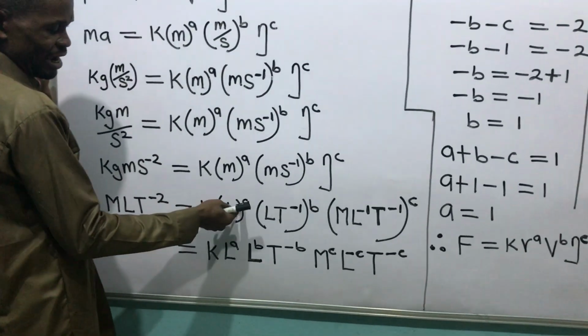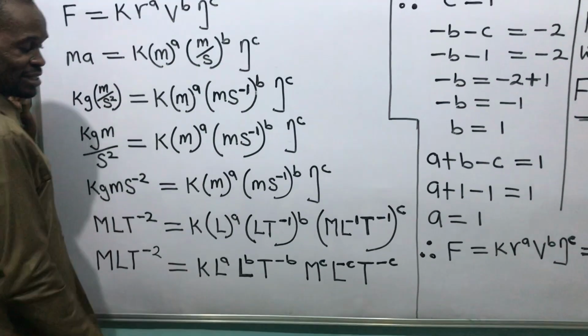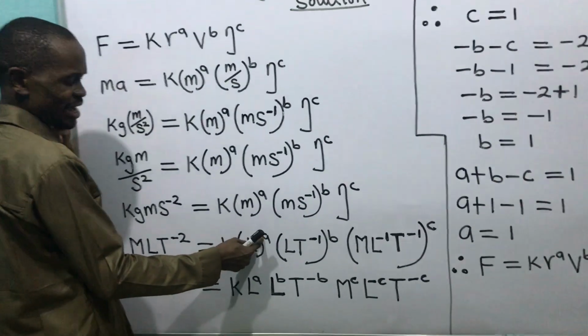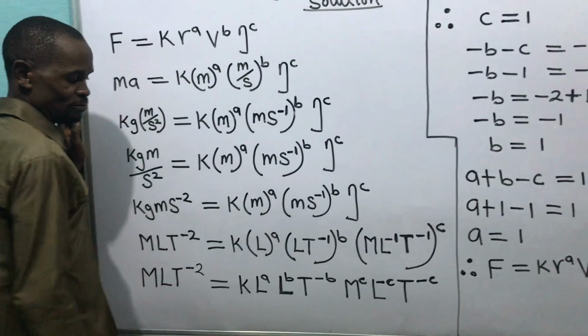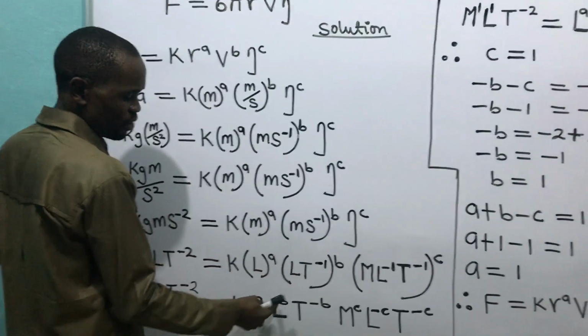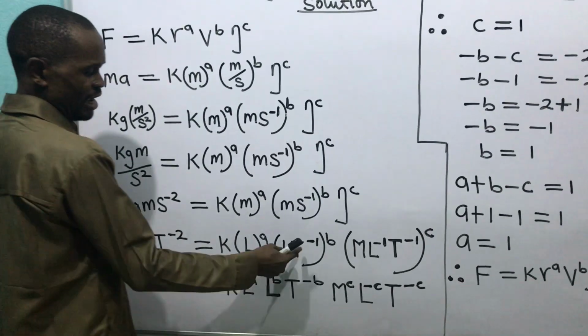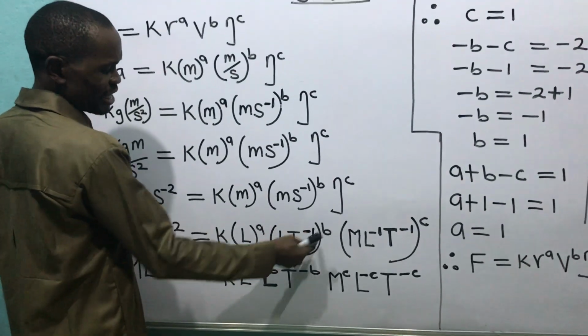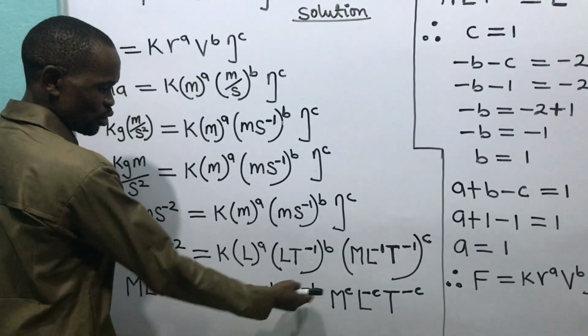This L has a power of 1. Then 1 times A will give me L raised to power A. Then this L here has a power of 1, B times 1 will give me L raised to power B. This T has a power of minus 1. Minus 1 times B will give me minus B. And that's what we have here.